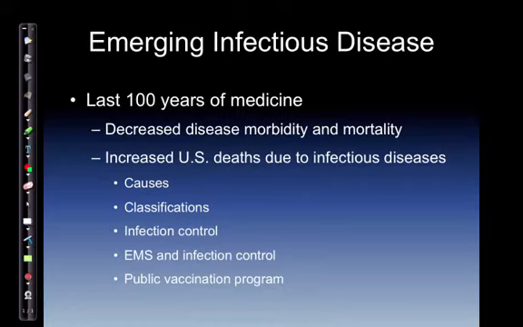The increased U.S. deaths due to infectious diseases have causes such as increased urbanization, modern transport, lack of universal health care, microbial adaptation, and the creation of drug-resistant strains of infection. Classification of new diseases includes SARS, emerging diseases, West Nile virus, and drug-resistant infections.